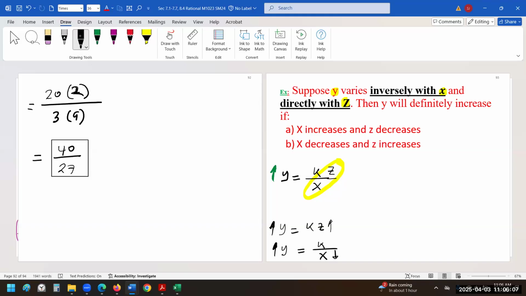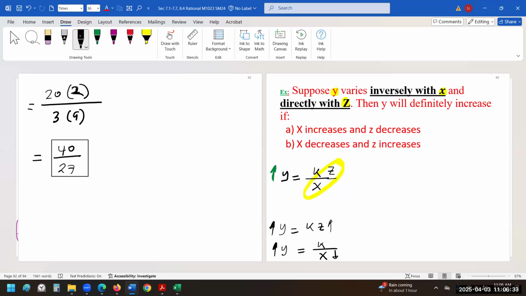That's the reality. If your denominator is smaller, that means you have a big number. But if your denominator is bigger, that means you have a small number. So when the denominator becomes smaller, the quantity becomes bigger. So if you want your y to be bigger, you want this quantity to be bigger. That's why in order to have this quantity bigger, we want the denominator to be smaller.